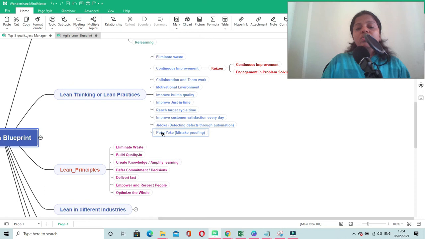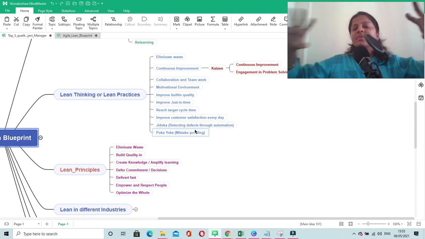The next practice is Jidoka, and the last is Pokayoke. Jidoka is one of the practices which is practiced in the manufacturing process. With Jidoka, you will be detecting defects through automation. You will be implementing an automation system which will automatically detect the defects while you work on your development.